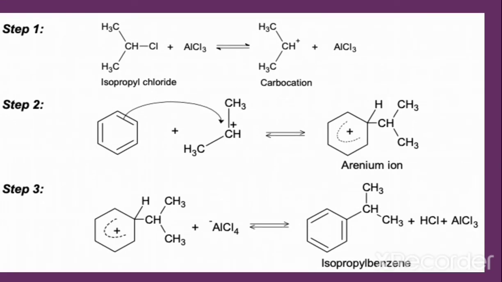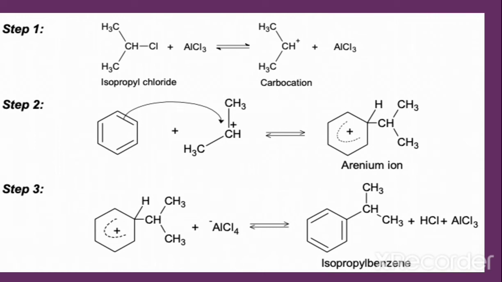Step one is the formation of an electrophile. For the formation of the electrophile, isopropyl chloride has a chlorine group, and this chlorine group will break its bond and attach to the aluminium trichloride and form a carbocation and aluminium tetrachloride.